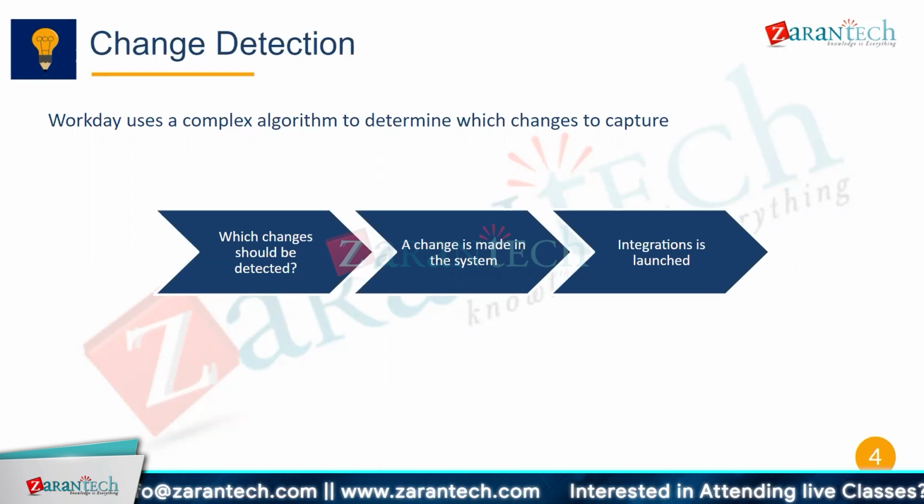The algorithm works very well, and the change detection and the change file are absolutely accurate when Workday is sending it out. Unless we have any issues in the configuration of our integration, the change detection process by Workday integrations is spot on.